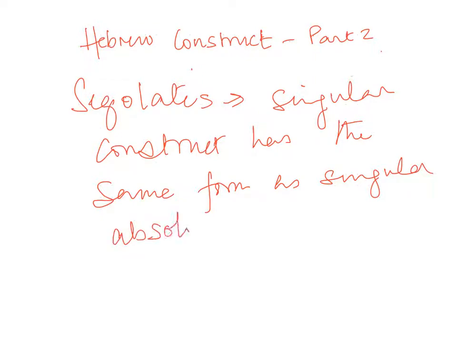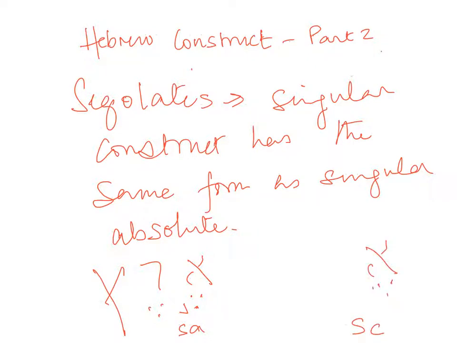So again, you will not be challenged because the form is the same as the singular absolute. So the singular absolute of this word, eretz, this is the singular absolute, and the singular construct will also be the same.